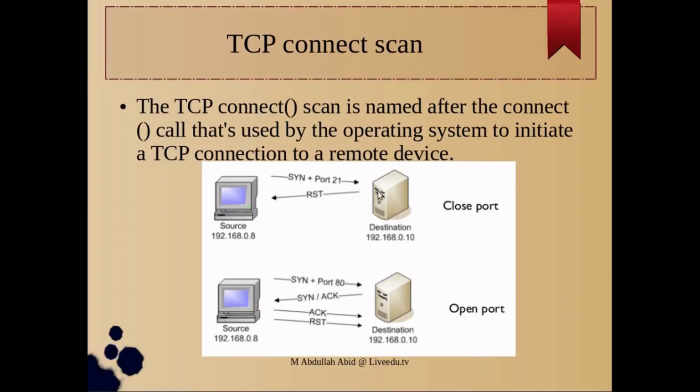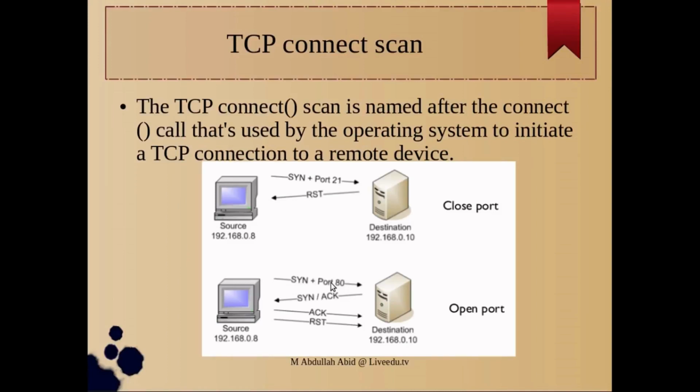source is sending the request of downloading to that destination, and the destination replies with the RST. Reset is another flag of the TCP header. Reset means the port is closed. And if SYN is passed with port number 80, as we discussed, that port is usually open on all systems.